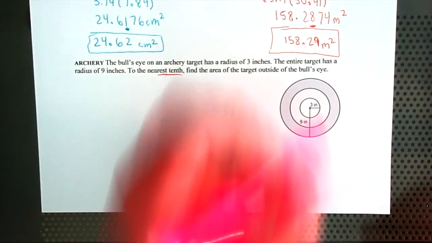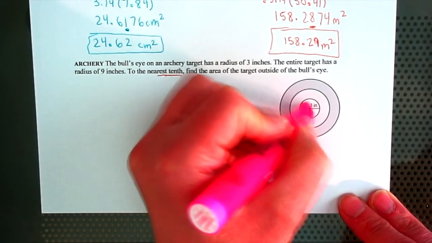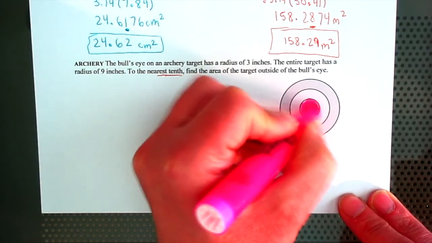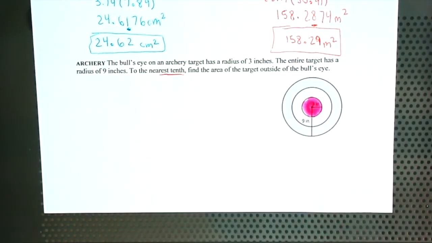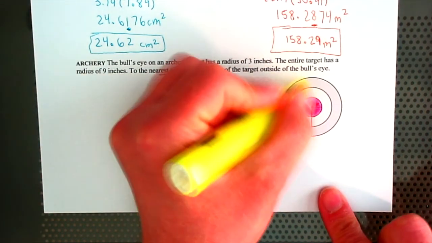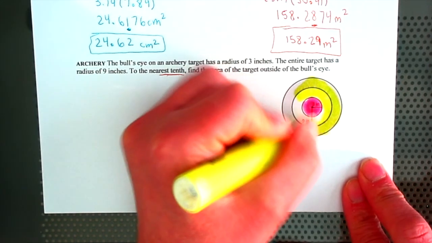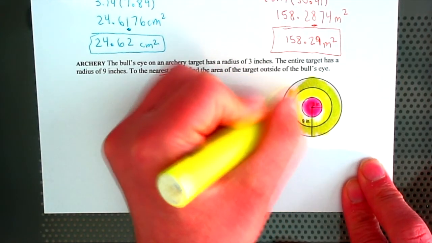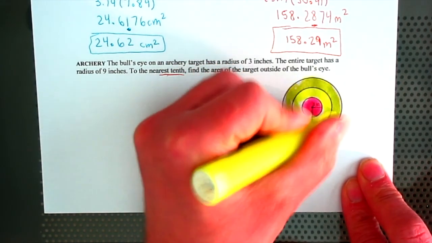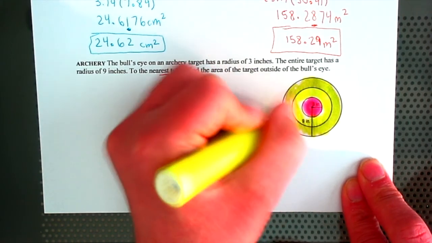Well, this area right in here, that's the bullseye. And the area around the outside here, that's all the area outside the bullseye.